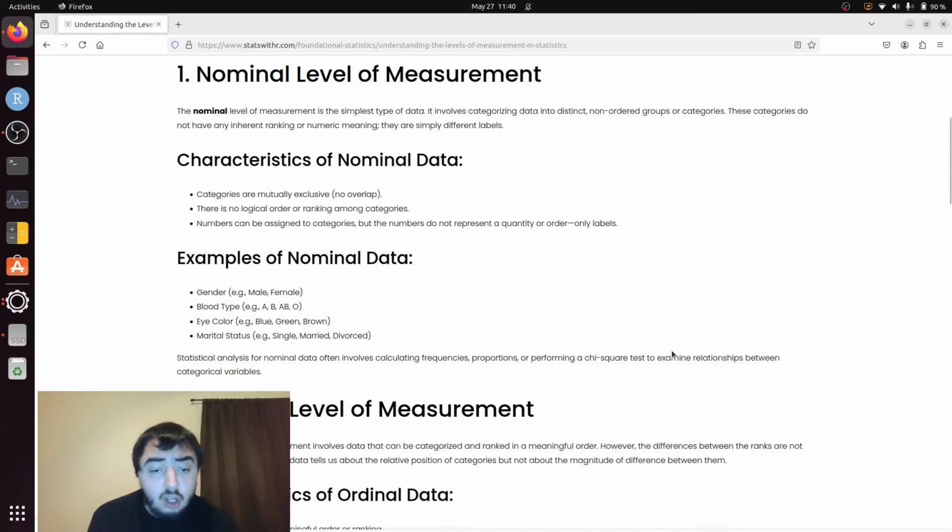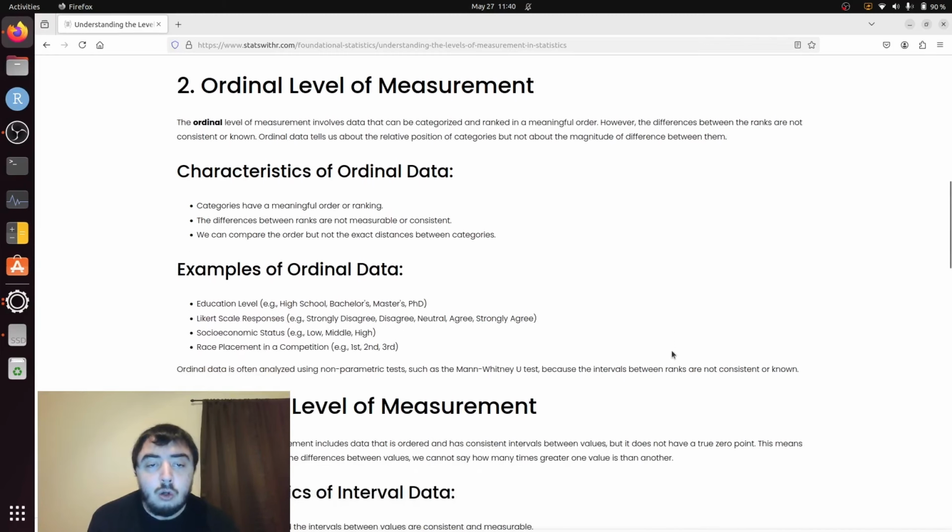The ordinal levels of measurement are still categorical, but there's an order to them. But the differences between the categories aren't consistent or known. So we get relative position, but not magnitude. So in this example, high school, bachelor's, master's, PhD.